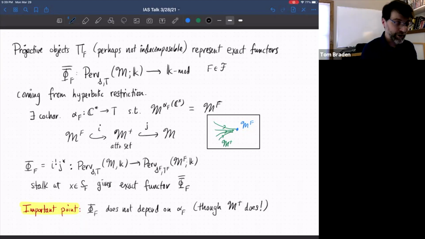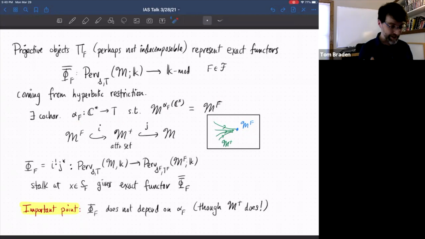And the exact functors are going to be exact functors from perverse sheaves to vector spaces. These come from hyperbolic restriction. So I'm going to take a co-character of the torus such that the fixed points of that co-character are one of these stratum closures.